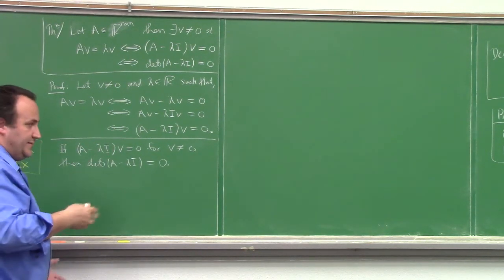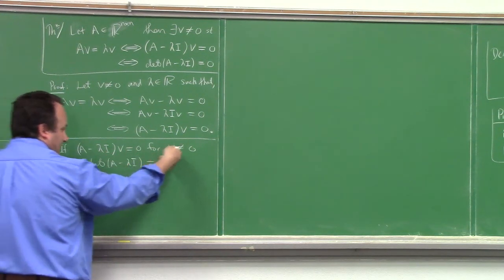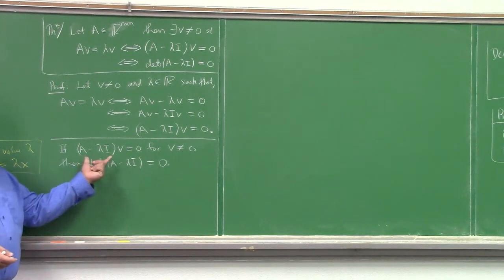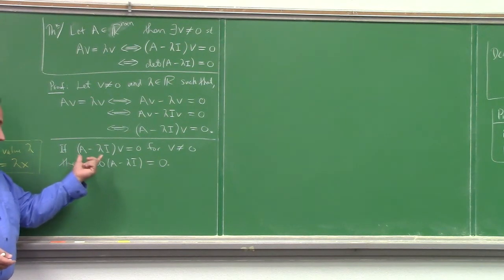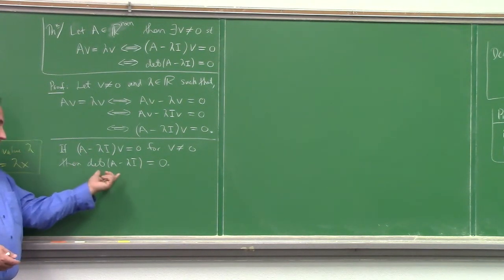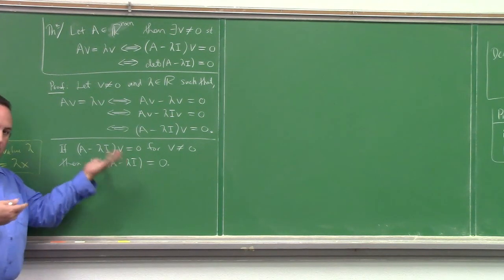So you can't conclude V equals 0, because we're assuming V is non-zero, which means that this matrix cannot be invertible. If it was invertible, only the 0 solution is possible for this equation, which would say that the determinant is not 0, which is to say that the determinant is 0.